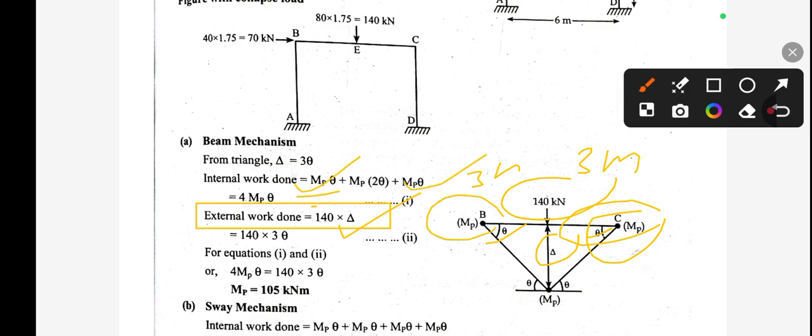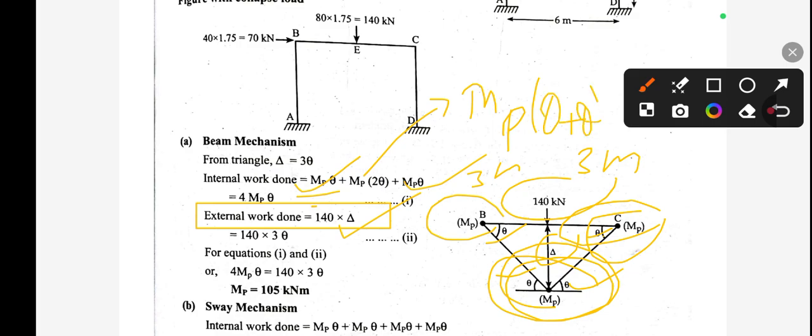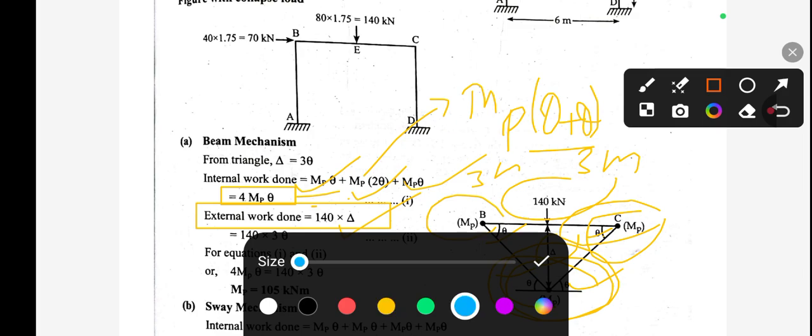And at this point you can see we have two rotations, theta and theta, so Mp into theta plus theta, that is 2 theta Mp. And finally we get 4 Mp theta. So the internal work done we got is 4 Mp theta.